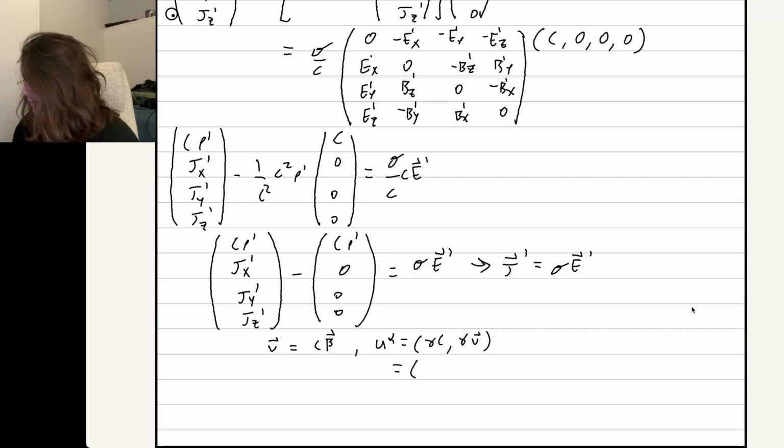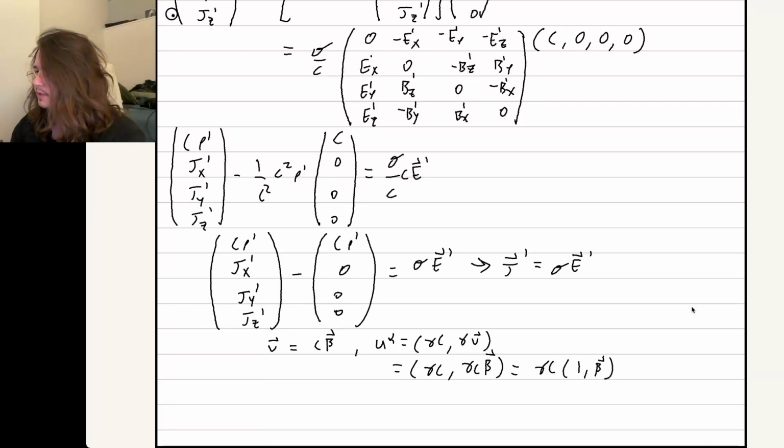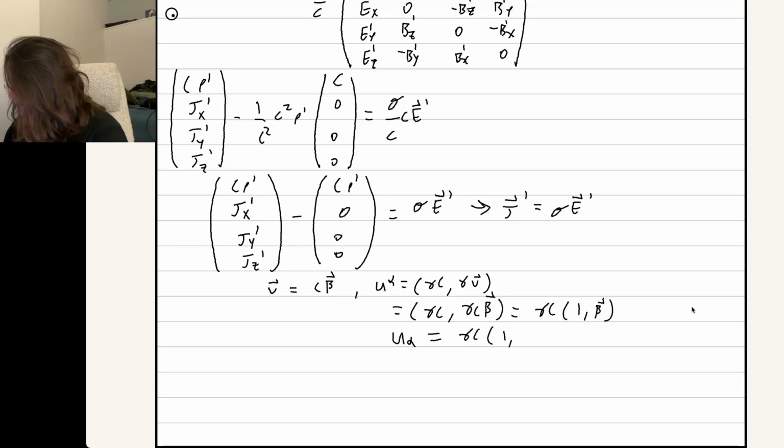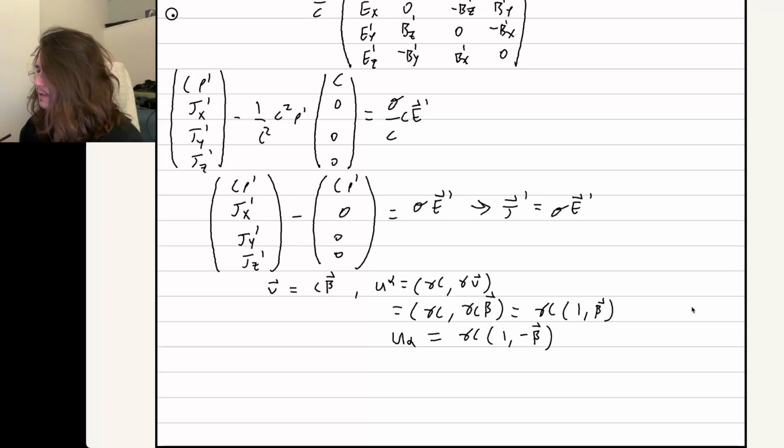And so we already have the velocity 3-vector, so it's gamma c comma gamma c beta, and I'm just going to write it as gamma c, 1, beta vector. Interesting to note that now that we have a spatial component, the contracted version of this is going to flip the sign of the space component. So it's going to be like that. Okay.